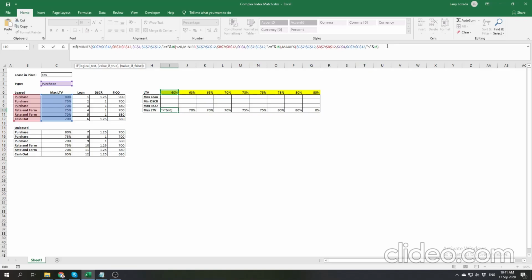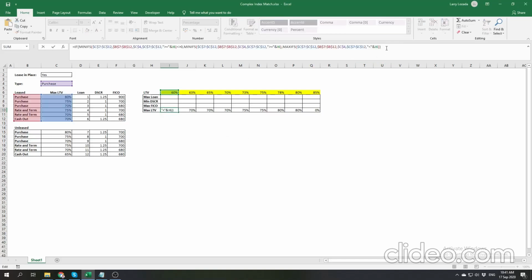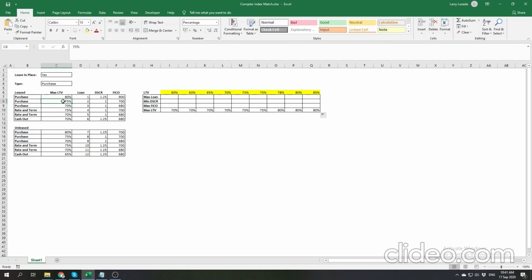Okay, we got 80% here. So this formula should work even if the values in here are not sorted. So if we have 83% in here, we have 83% here, this should be 83%.